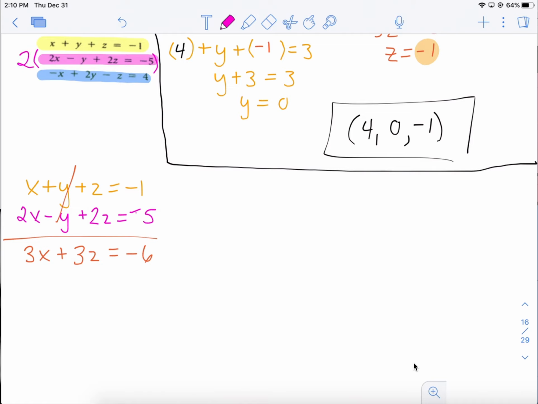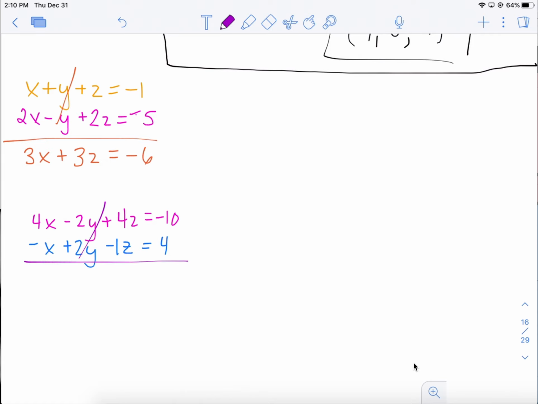Okay? All right, so if I start with him, we're going to have 4x minus 2y plus 4z equals a -10. And the blue equation is staying the same. So -x plus 2y minus 1z equals a 4. Change into purple, because if I put them together, I get purple.